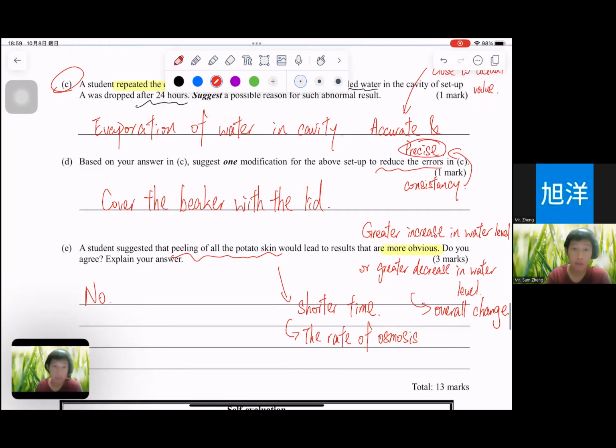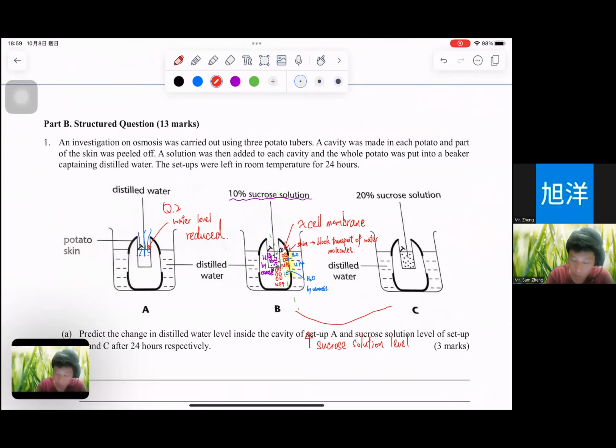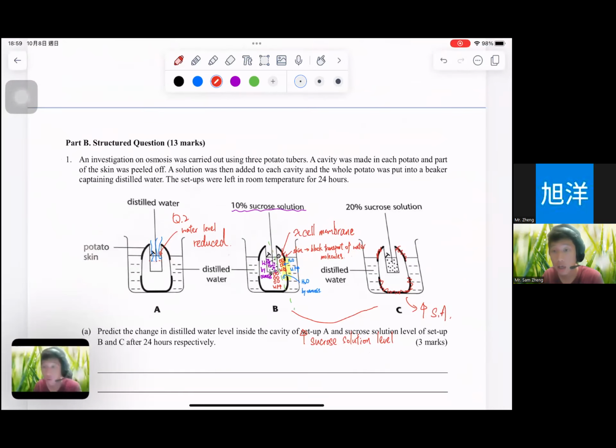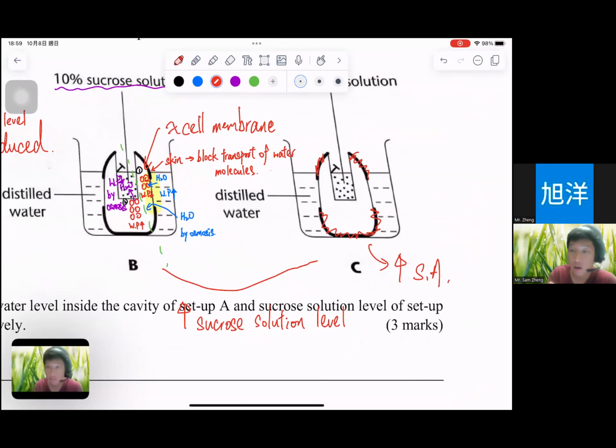If we peel all the potato skin, we are increasing the surface area for the osmosis process.